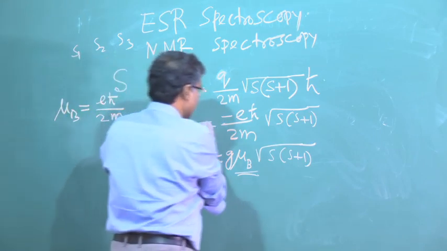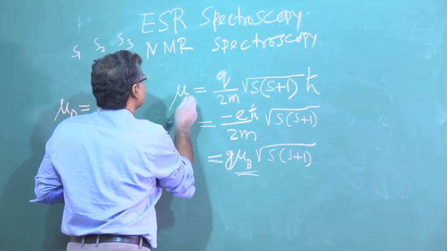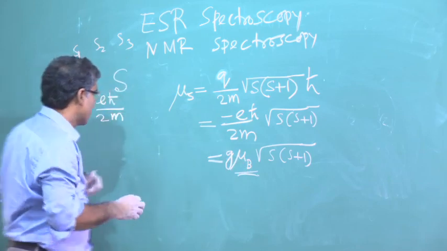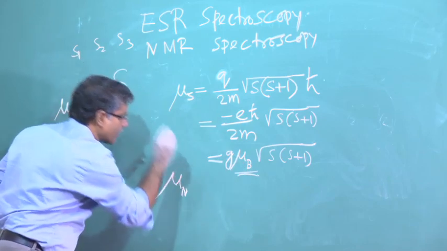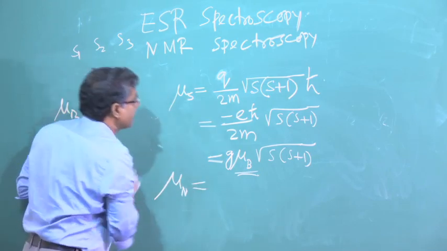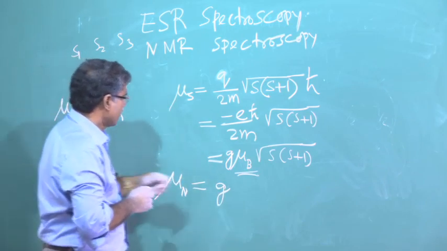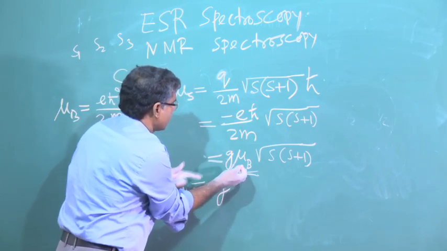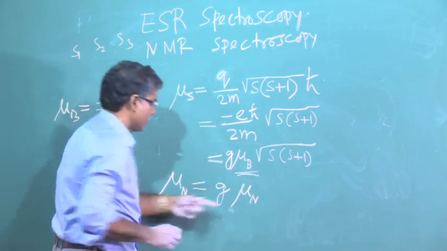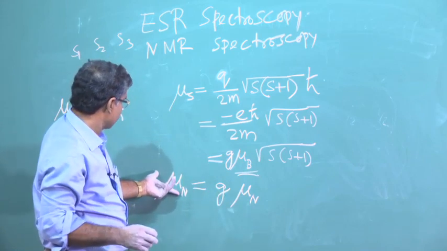Similarly, if I write mu S for spin, and now mu n, nuclear magnetic moment, following the similarity, I can write mu n equals g, okay, g times, I think I made a mistake.